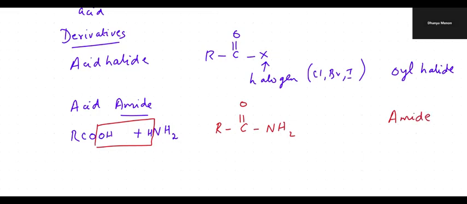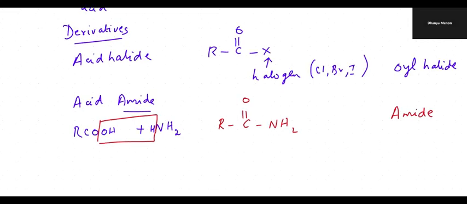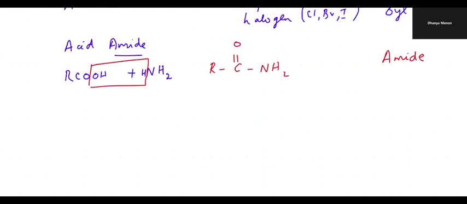Then the next derivative is ester. It is formed when acid is reacting with alcohol, R dash OH.